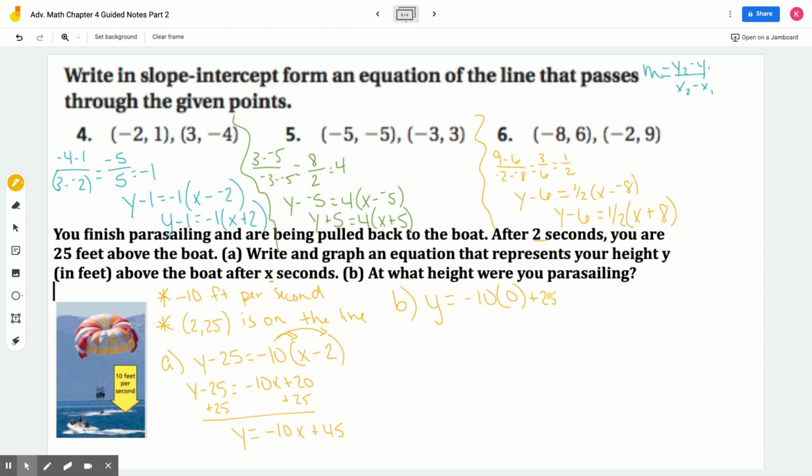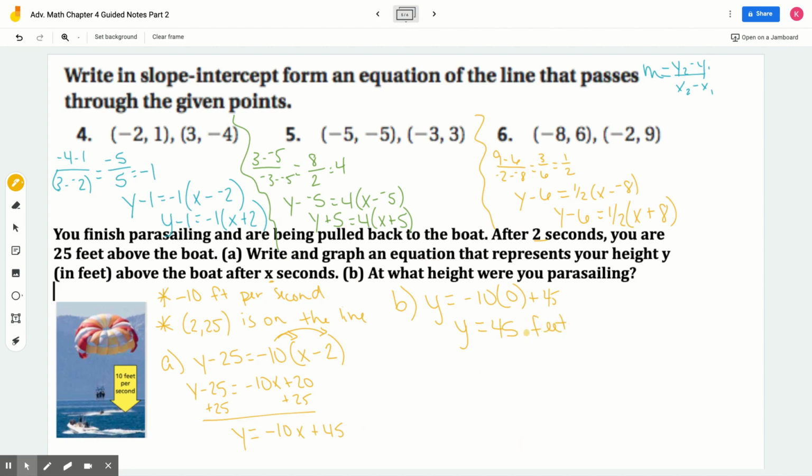At 0 seconds, how far were we? This is actually 45 here. So negative 10 times 0 is 0, plus 45 is 45. Our units of height is feet, so we started at 45 feet.